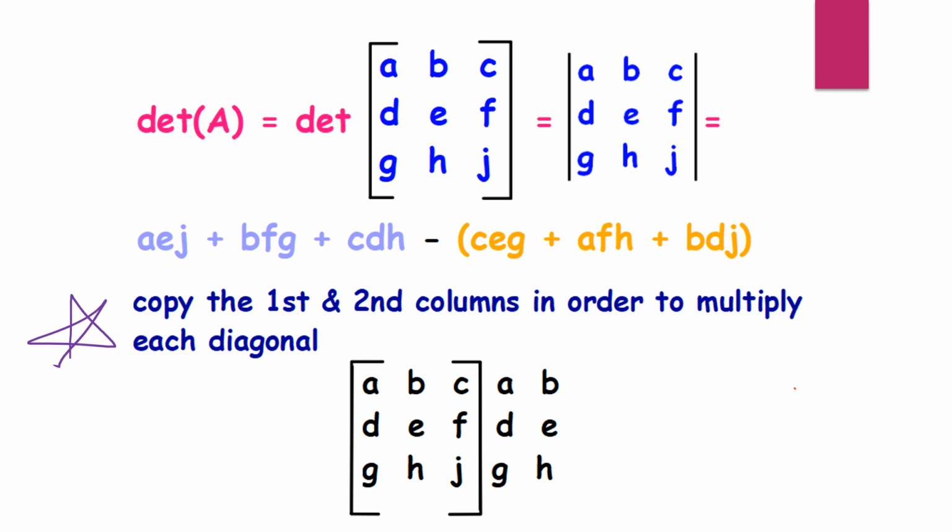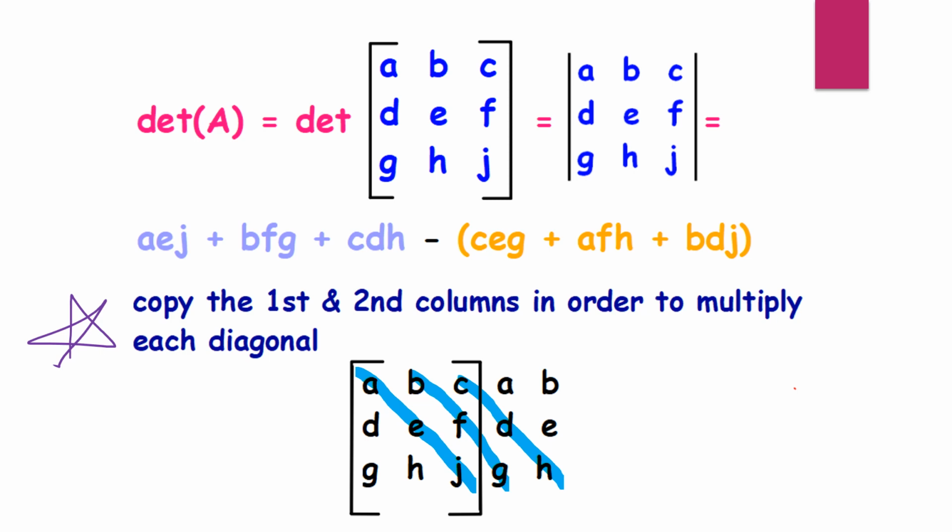That is going to help us get the down diagonals, all three of them, AEJ, BFG, and CDH. I need all three full diagonals to be multiplied, the elements, and then add them all together.